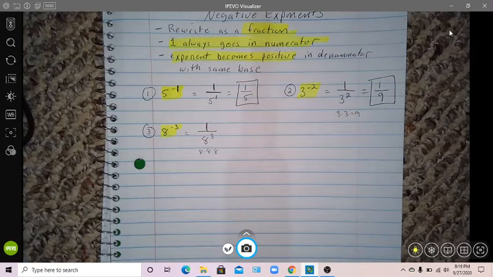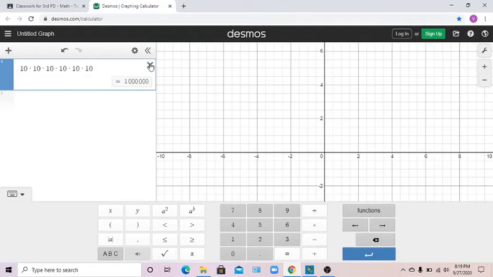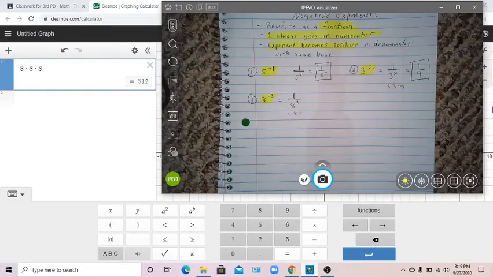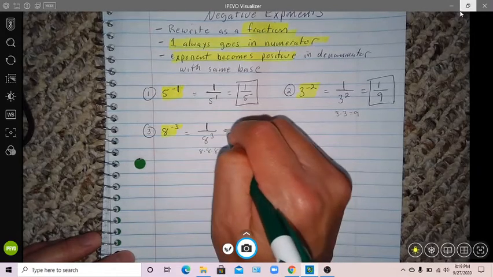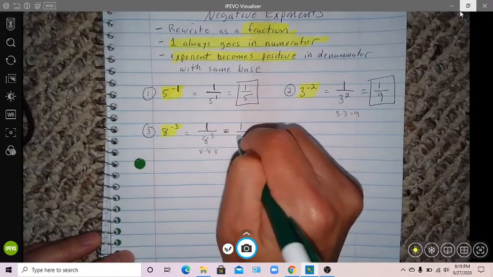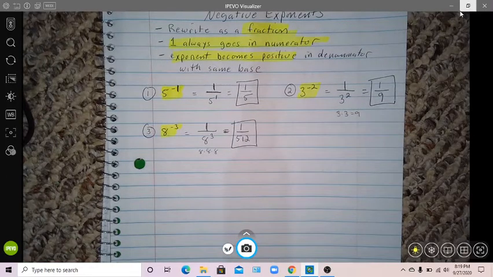I'm going to go to Desmos. 8 times 8 times 8 is 512. So this is 1 over 512. That's what I type into IXL as my answer.